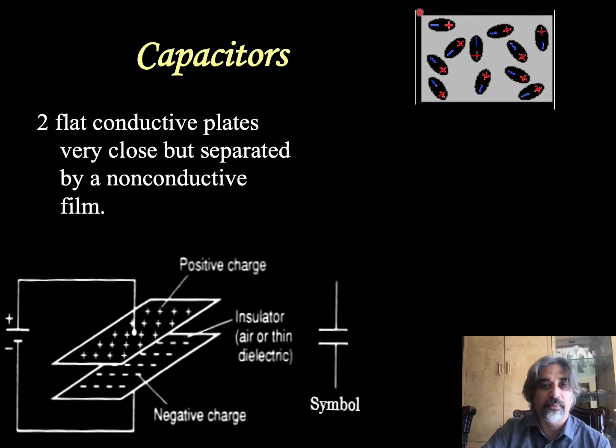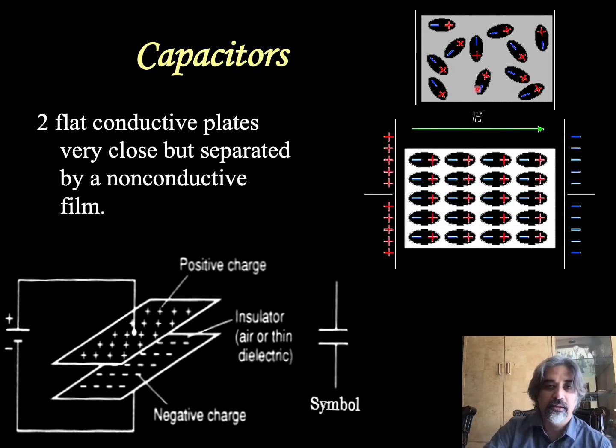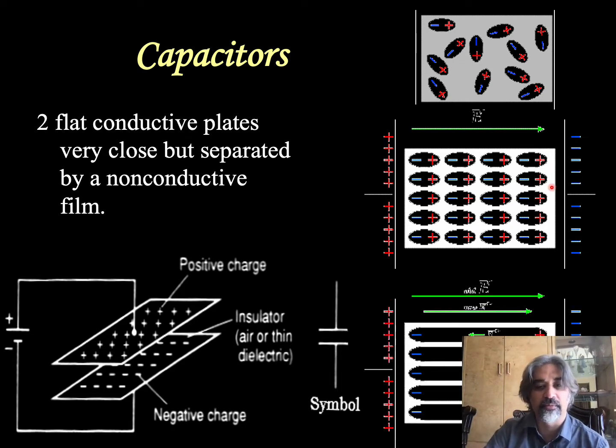Here you have the plate with all the positives on it, and the dipoles within the substance then align so that the negatives are attracted, because they're attracted to the positives, then the positives are going to be repelled by it, and they're going to be facing this way. So the entire thing becomes a dipole.